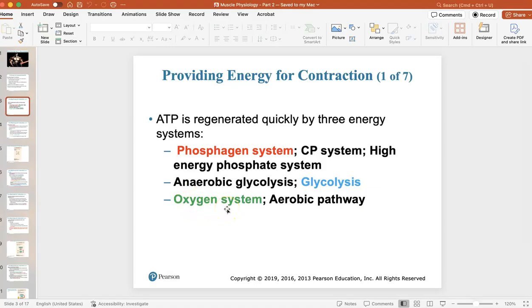The energy source that drives the first system is creatine phosphate, an energy storage molecule, and then glucose predominantly drives these two. But this particular system is anaerobic because the body chemically isn't utilizing oxygen in the formation of ATP, because the demand for ATP is so high that oxygen just doesn't have time.